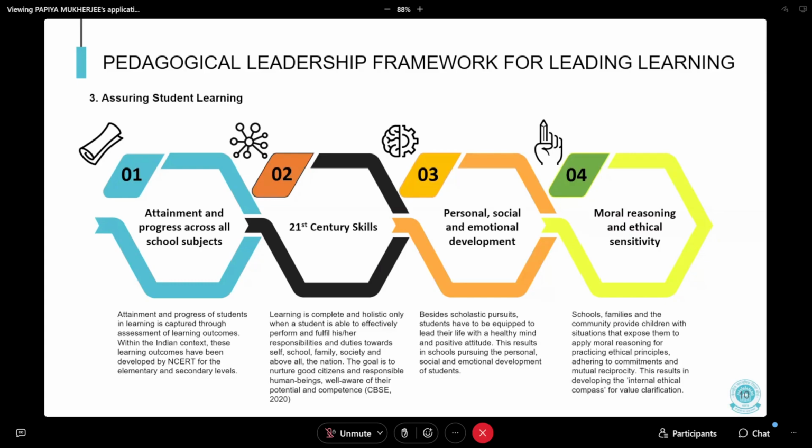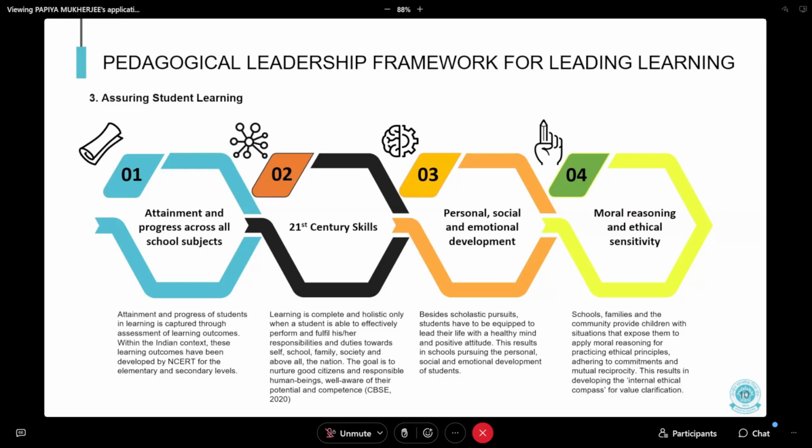That brings us to the last step of assuring student learning, which is moral reasoning and ethical sensitivity. Students will be exposed to various kinds of situations in their lives by schools, families, neighborhood, community that would require them to apply their moral reasoning.